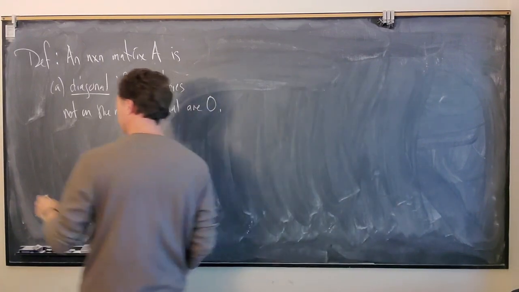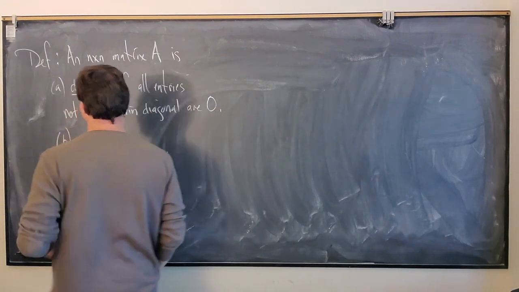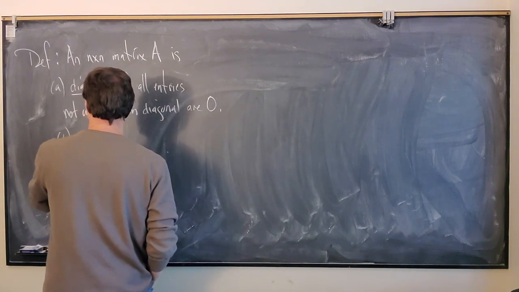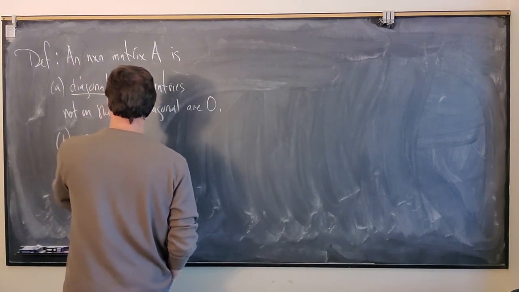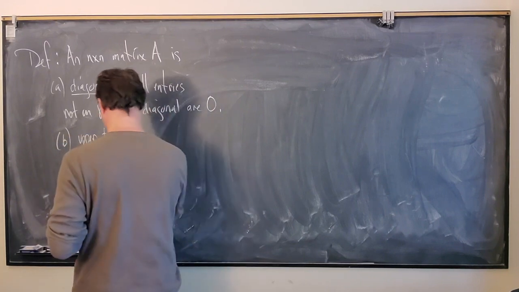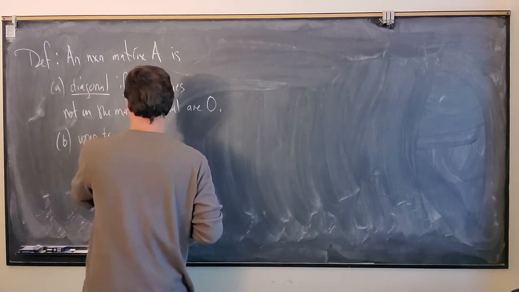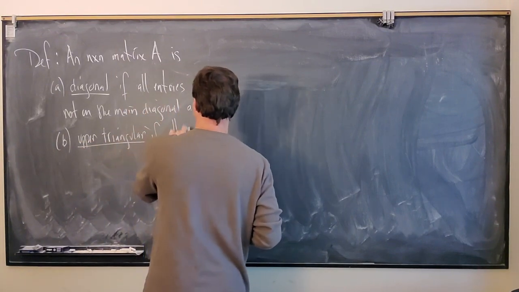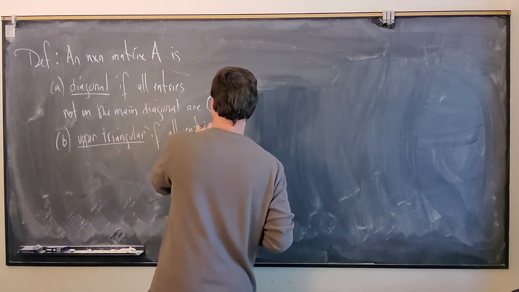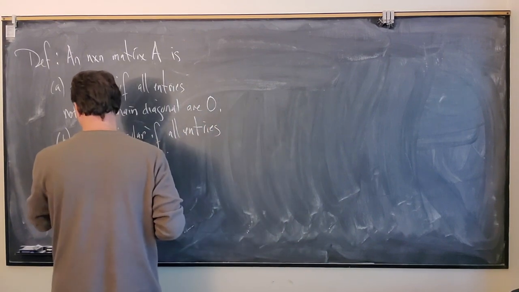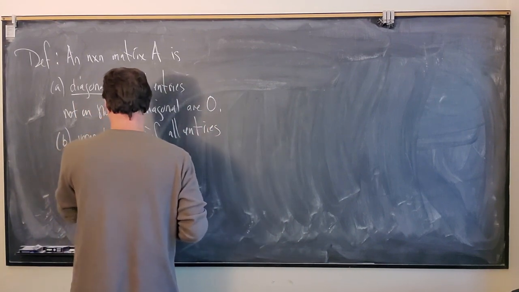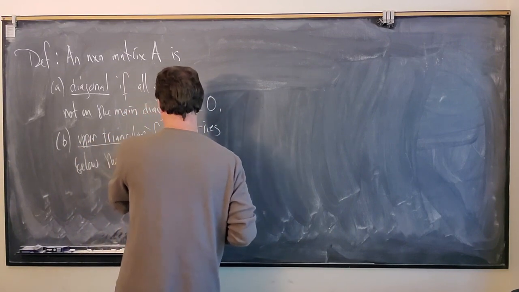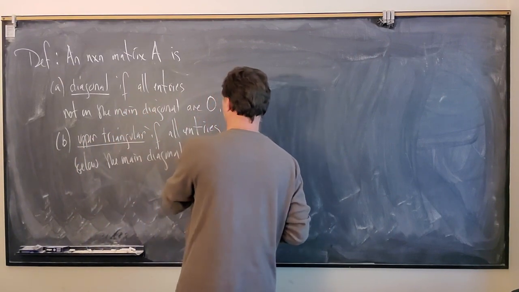I'll do examples of all of these once I get the definition down. So an n by n matrix A is upper triangular if all entries below the main diagonal are 0.